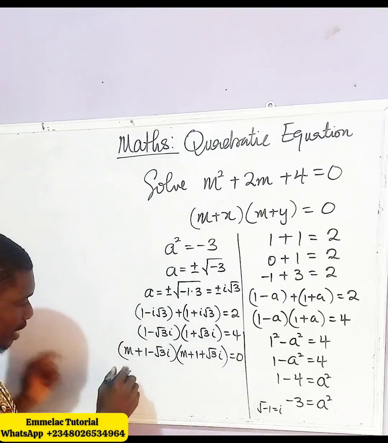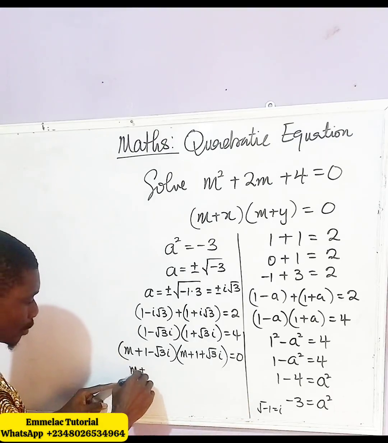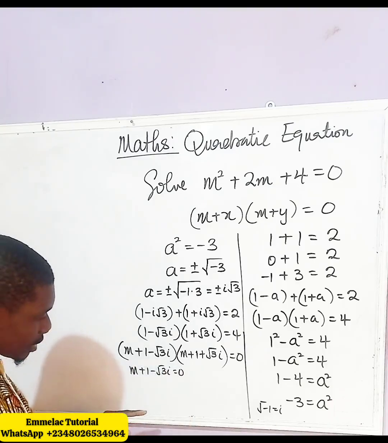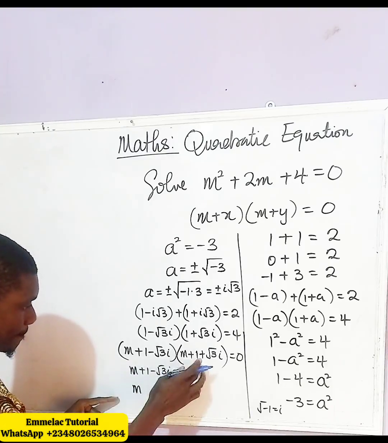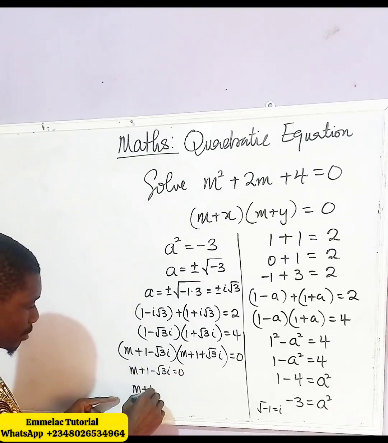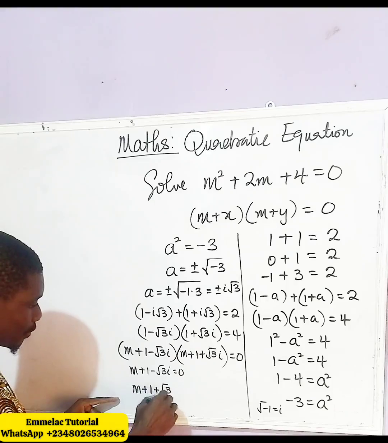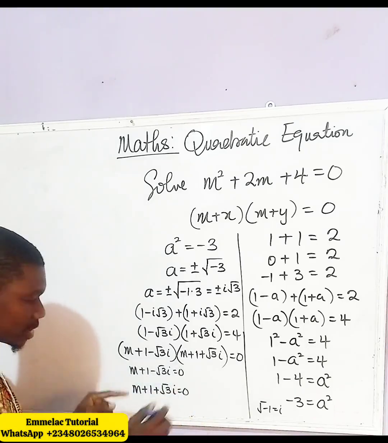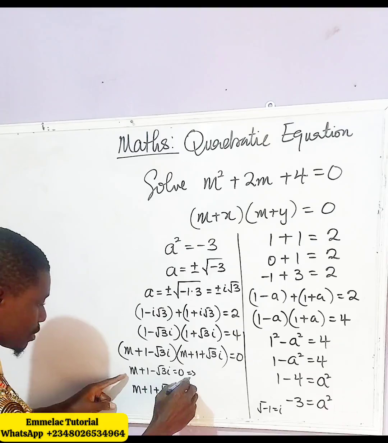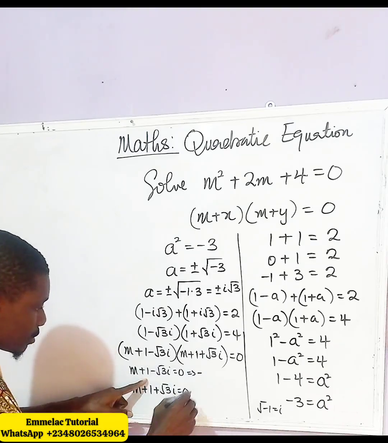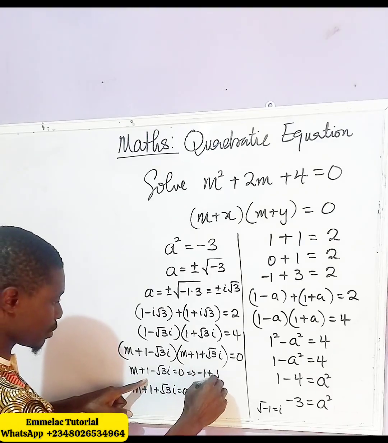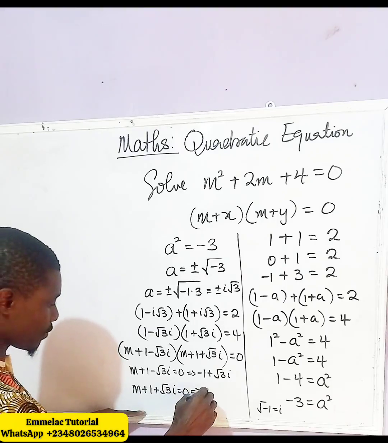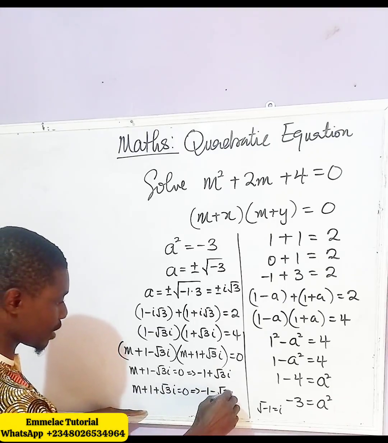So m plus 1 minus root 3i equals 0, and m plus 1 plus root 3i equals 0. Ultimately, this one gives us negative 1 plus the root of 3i, and this one gives negative 1 minus the root of 3i.